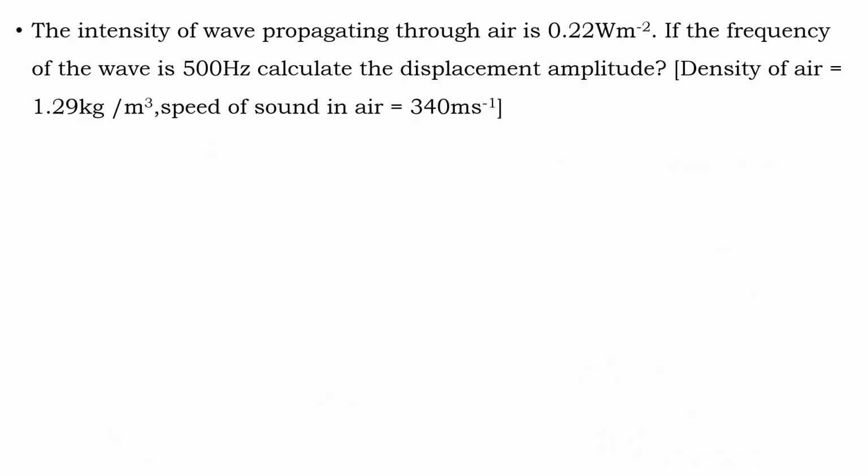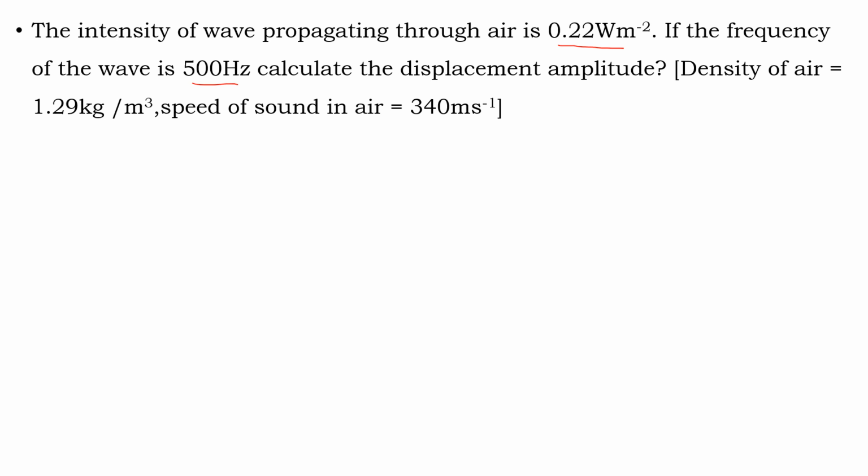And next, the intensity of a wave propagating through air is 0.22 watt per meter square. If the frequency of the wave is 500 Hz, calculate the displacement amplitude. Density of air is 1.29 kilogram per meter cube. Speed of sound in air is 340 meter per second.